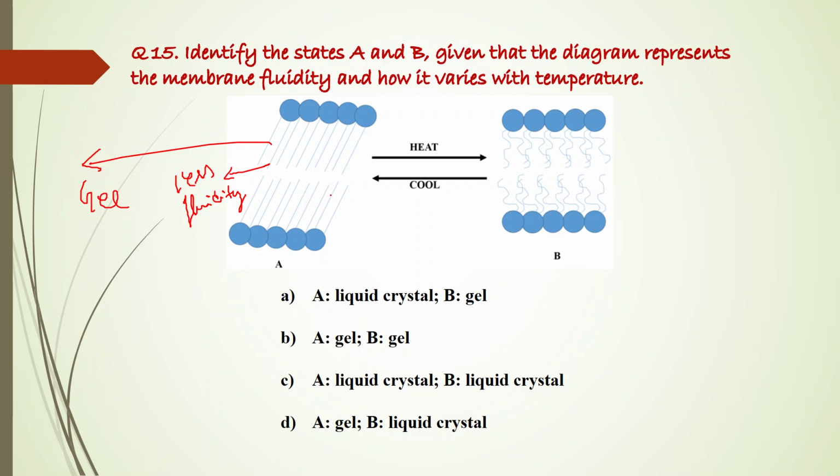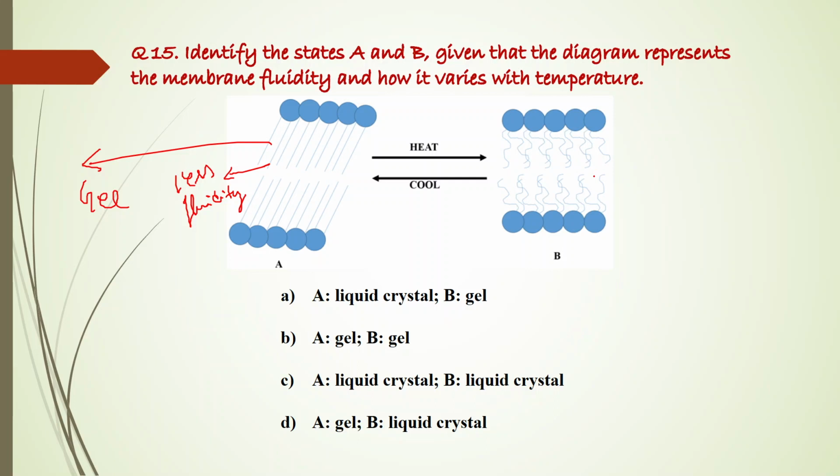And whenever you heat this kind of system, you basically increase the randomness in the system and thereby the ordered structure that you had earlier is no longer present. In case of B, you can already see now the fatty acids, or the lipids, are randomly oriented. Nothing like what was in the gel state, which allows more fluidity to the membrane.